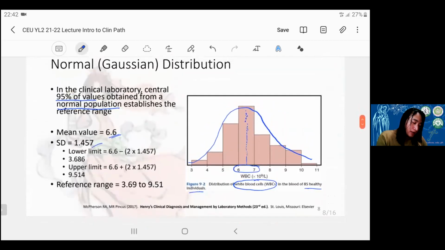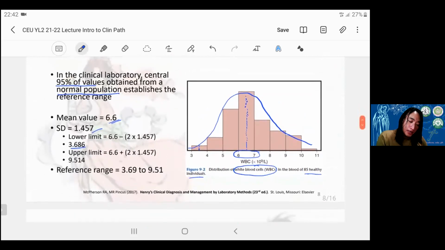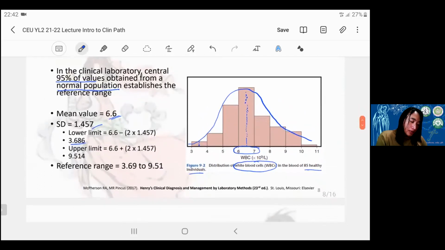So 6.6 minus 2 times 1.457 would be 3.696. So that would be somewhere here. And the upper limit would be 6.6 plus 2 times 1.457, which is 9.514, and that would be around here. So this area now comprises 95% of your healthy population.